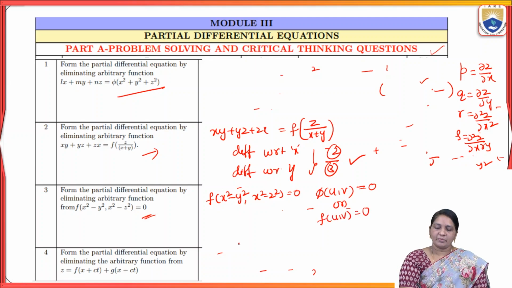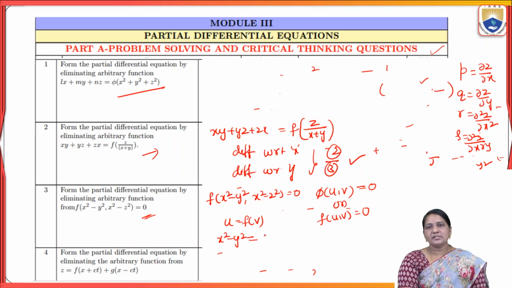If we have the form like this, we can write this as u equal to f of v. So what is the u value? The u value is x square minus y square is equal to f of x square minus z square.